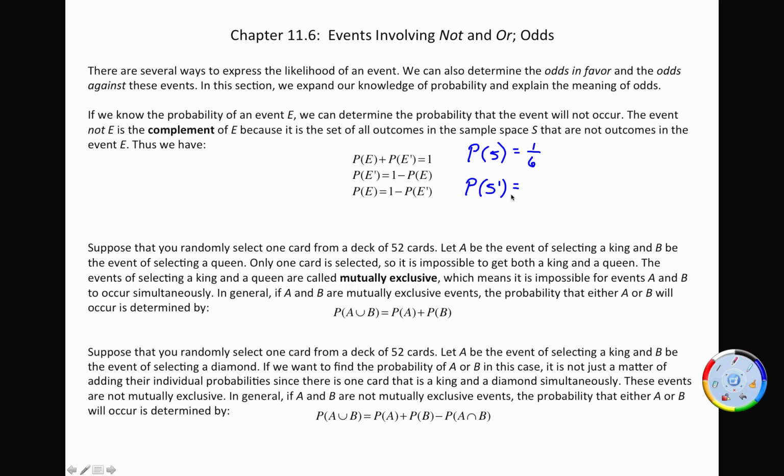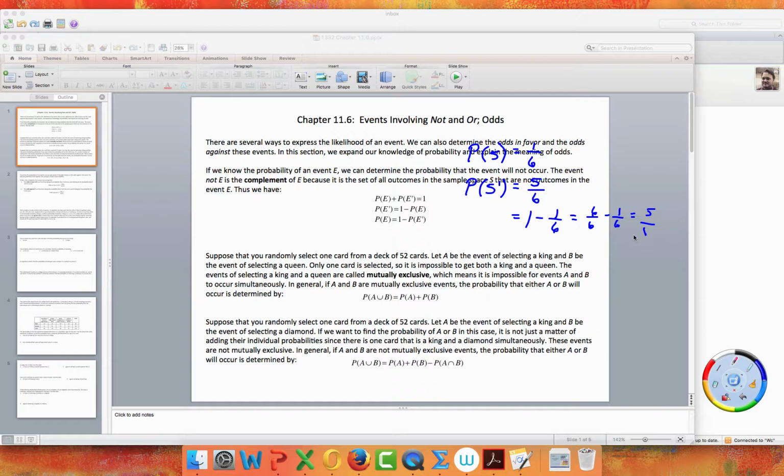Well, 1, 2, 3, 4, and 6. So 5 numbers are not a 5 out of a total of 6. Notice that this is 1 minus 1/6, or 6/6 minus 1/6 gives us that 5/6.